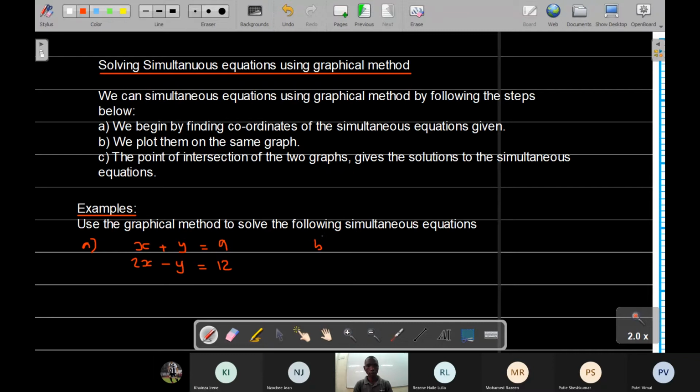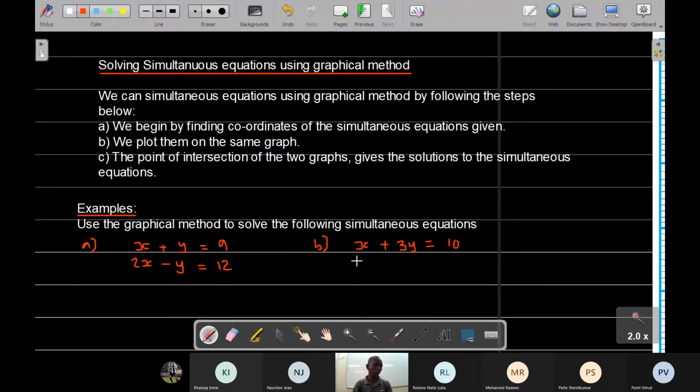We can have the second set of these simultaneous equations. The next set which we are having is x plus 3y equals 10.